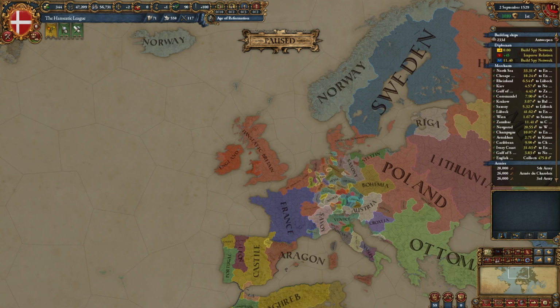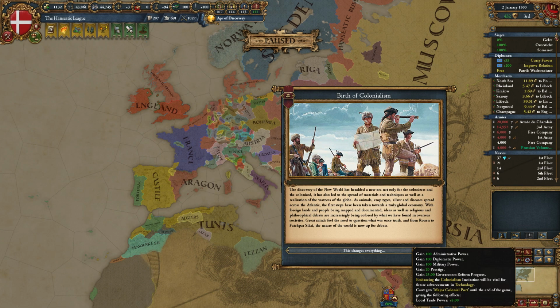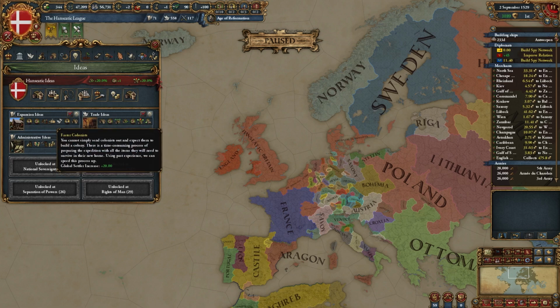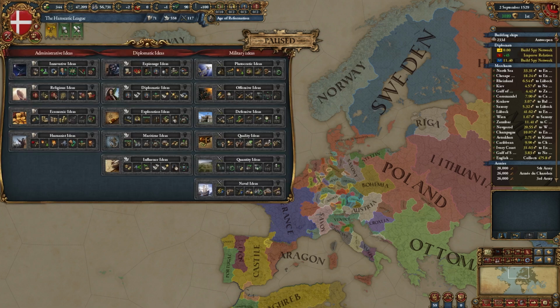Going on, I've obviously got colonialism, and after I got colonialism, I ditched the colonialism ideas, the first exploration ideas over here. I had that finished until the 4th for the global settlers increase.